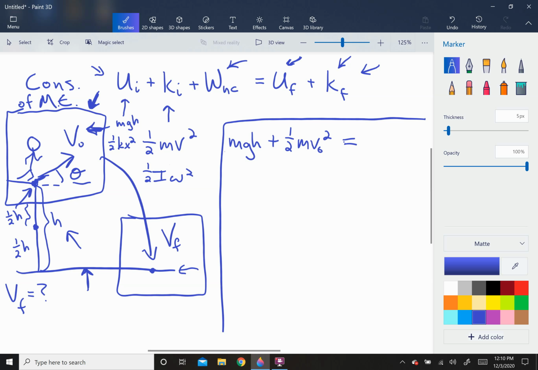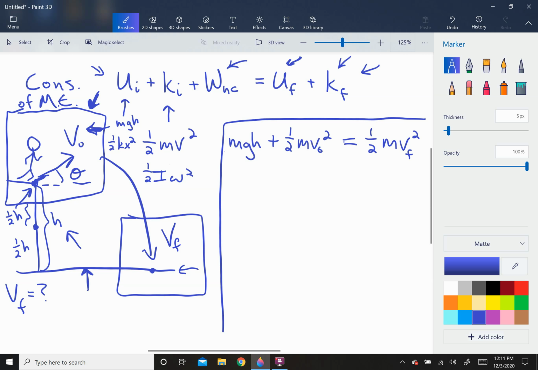He has some v final at the end here, some probably pretty big v final. So yes, Bob is moving, his center of mass is moving. So he has kinetic energy, 1/2 mv_f squared. And it's always 1/2 mv squared, where m is whatever mass is moving, and v is whatever speed the object is moving at.